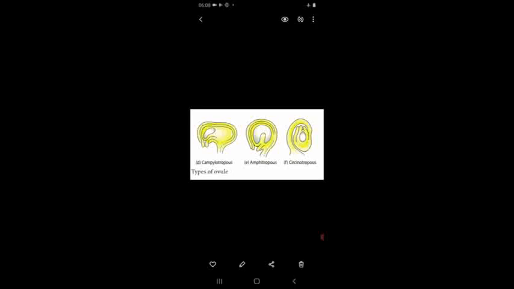And parts of an ovule: chalaza, micropylar region, embryo sac, nucellus and integument. Then types of ovule we have also seen based on the orientation, form and position of the micropyle, chalaza and funicle. Special types of ovules we have also seen, that is amphitropous and cercinotropous. Remaining we will see in the next video class.